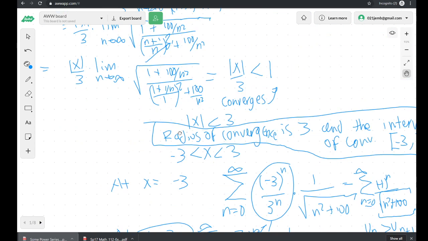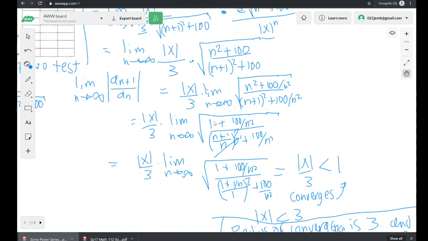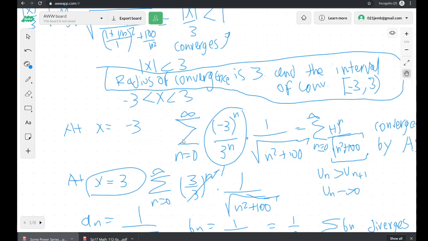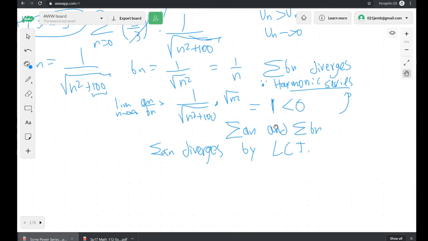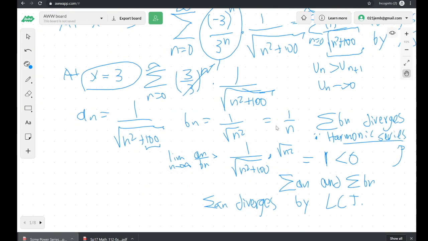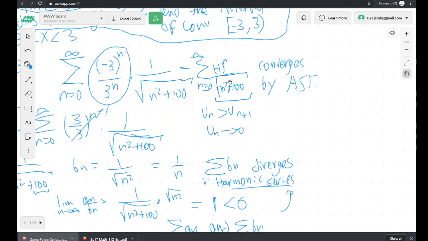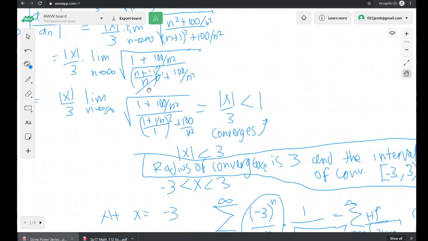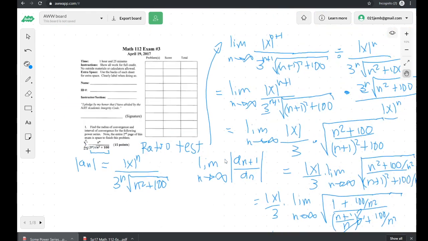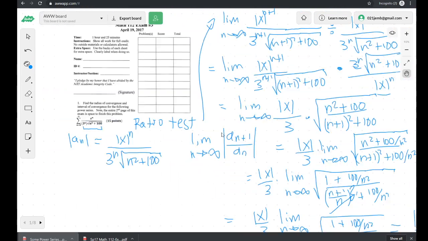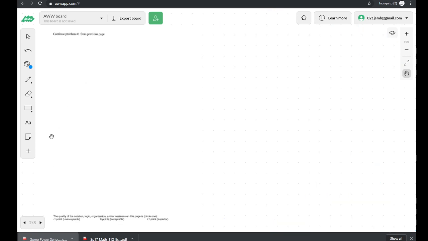Okay. So this problem was a little long. I don't know why. I mean, all of this is required to prove that this series converges, and then that it conditionally converges at only one point, and we found the interval of convergence and the radius of convergence. So that's it for this problem. That's the reason why they gave you 2 pages for that. The next page is just for that: continue problem number 1 from previous page.